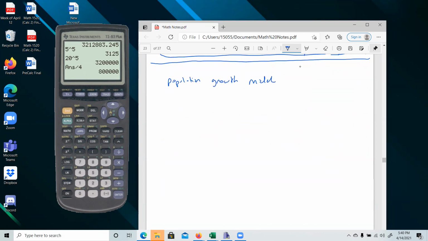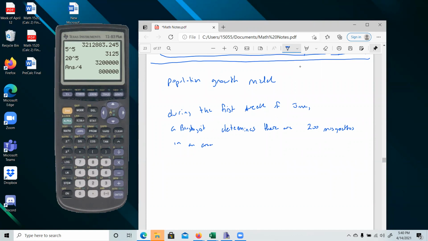We could say, during the first week of June, a biologist determines, somebody's got to do this job, there are 200 mosquitoes in a particular area.